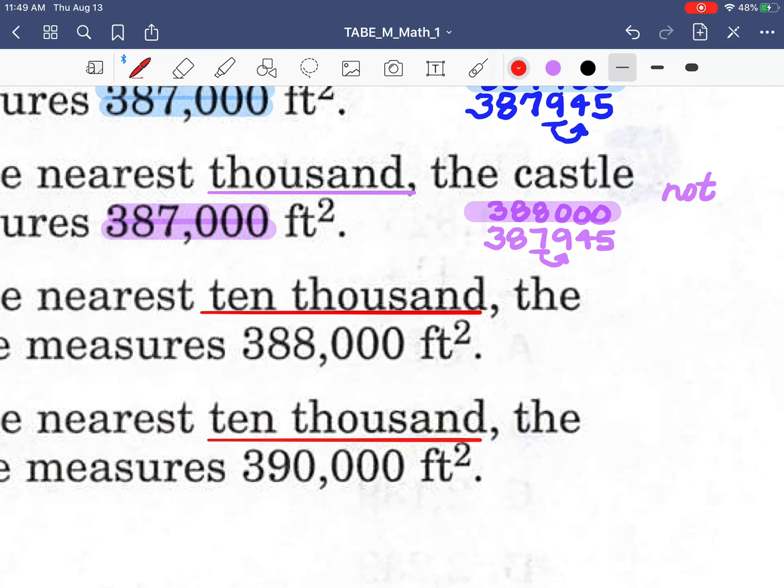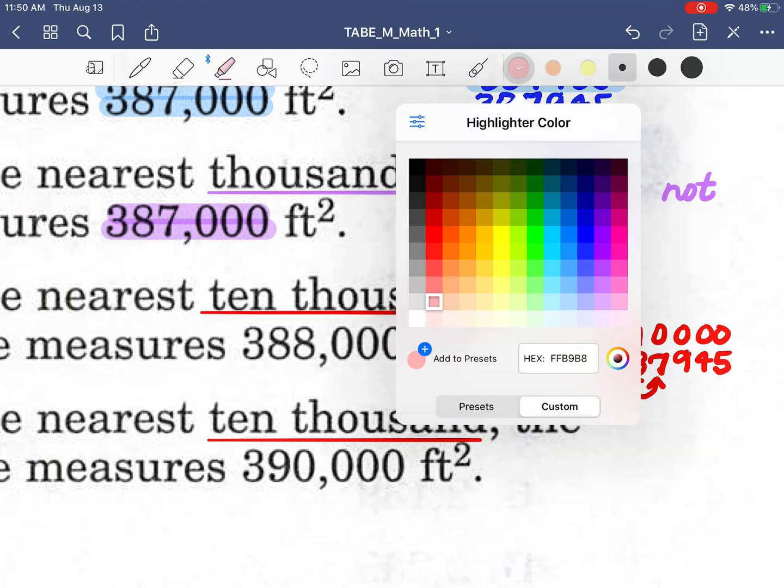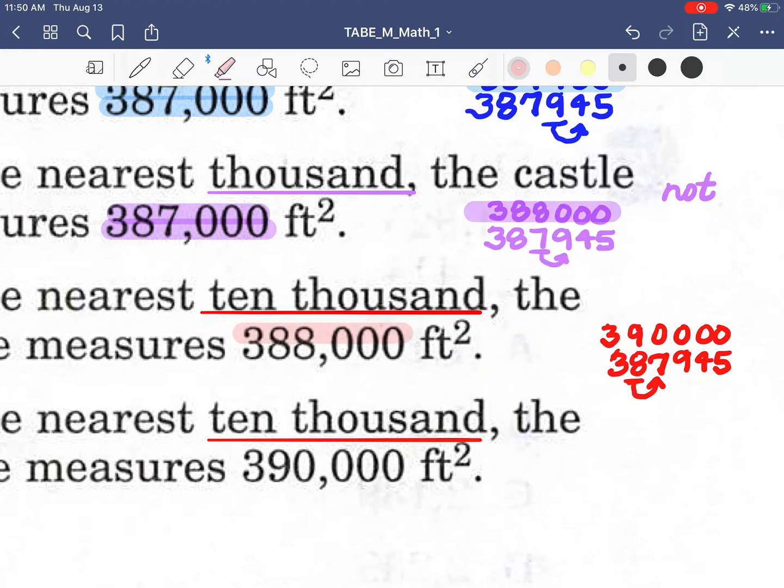Bring your castle dimension down here. So we have 387,945 to the 10,000s. So that's this number right there, the 8. Look at your neighbor. Neighbor says round up. So I am comparing this number to this number.